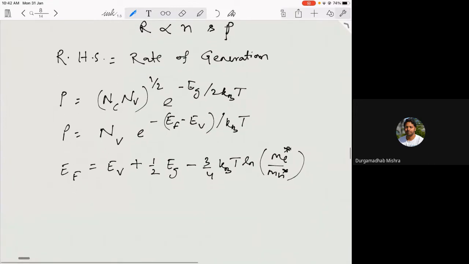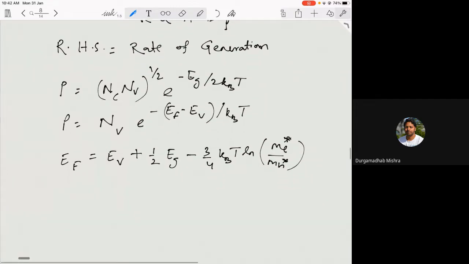And what this means is, if me star is equal to mh star, then Ef will be Ev plus half Eg. So the Fermi level will be in between the band gap, exactly at half of the band gap above the valence band.